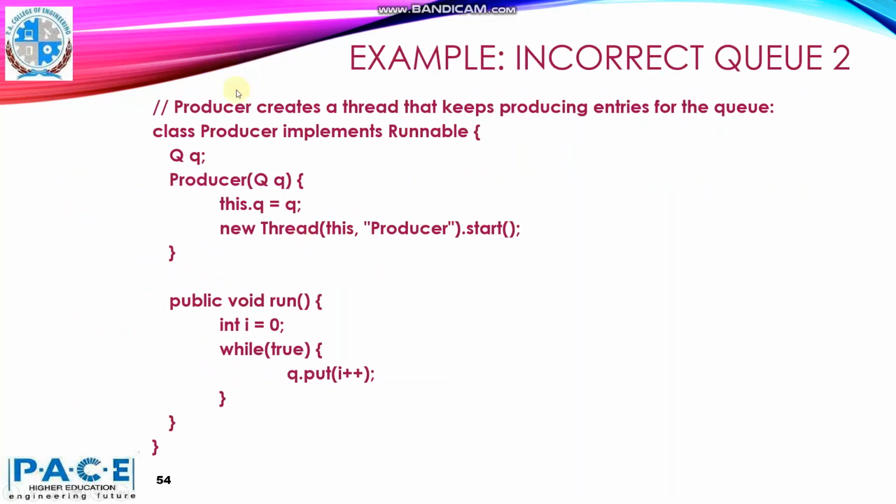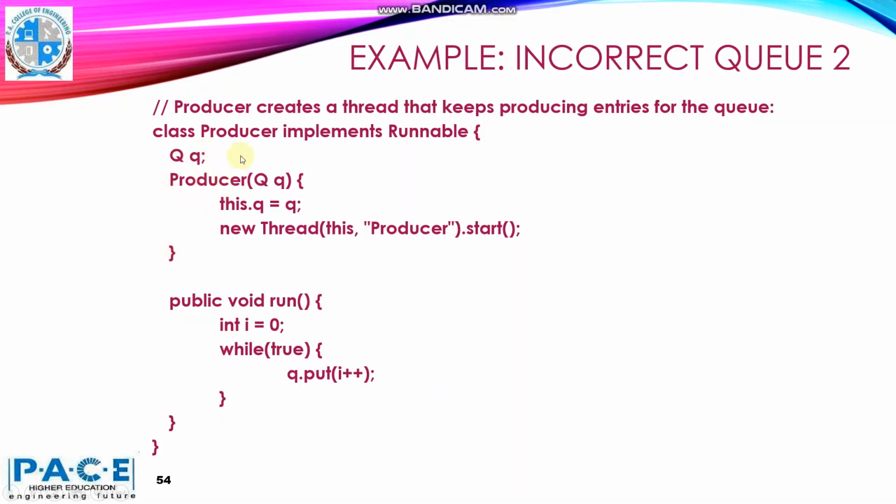Okay. So now we implement the producer thread. We are defining class Producer, and we want to make it a thread, so we implement Runnable. So Producer is a thread class. Producer uses a queue, which is shared between producer and consumer. So it has a data member queue of type Queue, right?